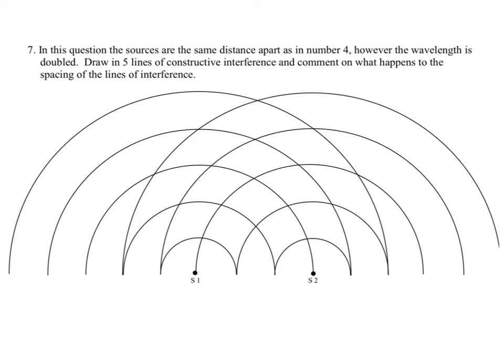Okay, so let's check out when we double the wavelength or make the wavelength bigger. Here's my source 1 over here. Here's my source 2 over here. Let's draw the first few. This is 3 wavelength spacing, so this is similar to the bottom figure on the last page.